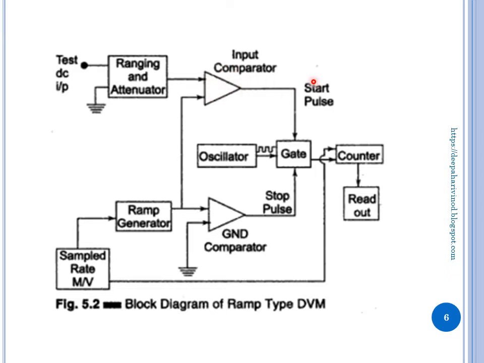The ramp continues until the second comparator senses that the ramp has reached zero value. So it continues to provide the gate start pulse until the second comparator senses that it has reached the zero value.